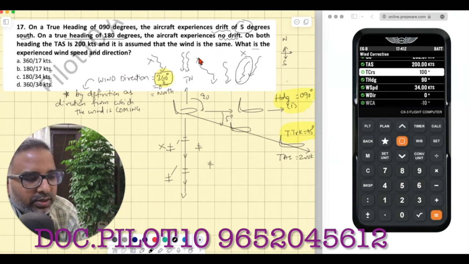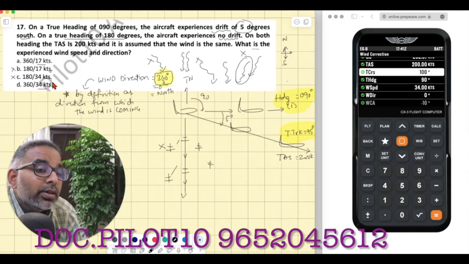It is assumed the wind is the same. What is the experienced wind and direction? By now, where are the winds coming from? 360. So B and C are false, right? Now you have to choose between A and B. So 360 is correct, the wind direction is 360. Now you have two options, one is 17 knots, one is 34 knots.